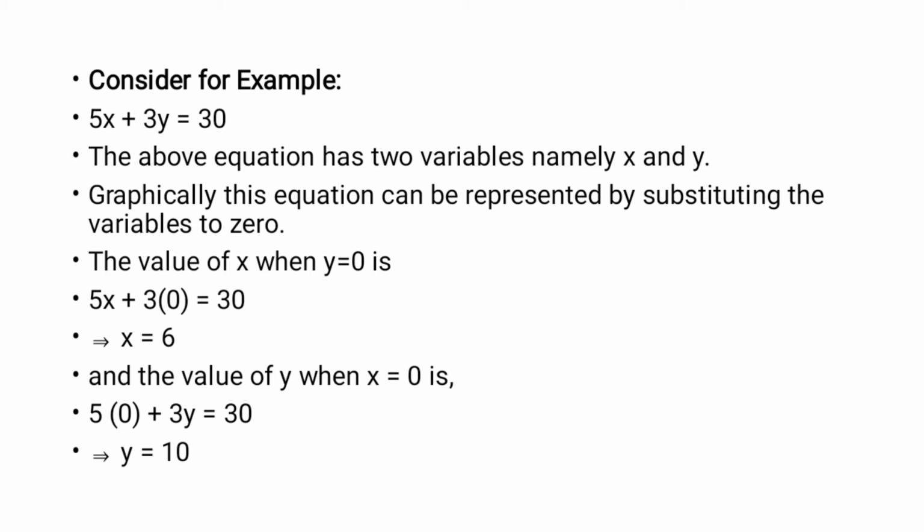So the value of x here is 6, while the value of y is 0. And the value of y when x equals 0: we substitute x by 0, so 5 times 0 equals 0, plus 3y equals 30. The remaining equation is 3y equals 30. Dividing to cancel out 3 on the y side, y equals 10.